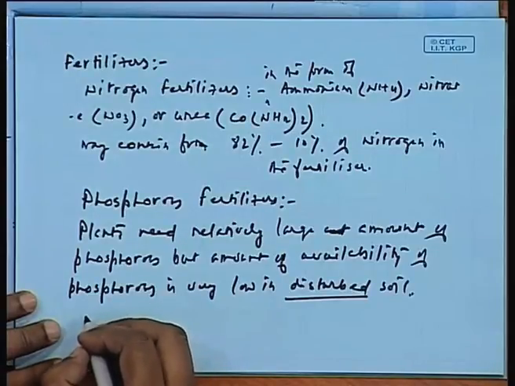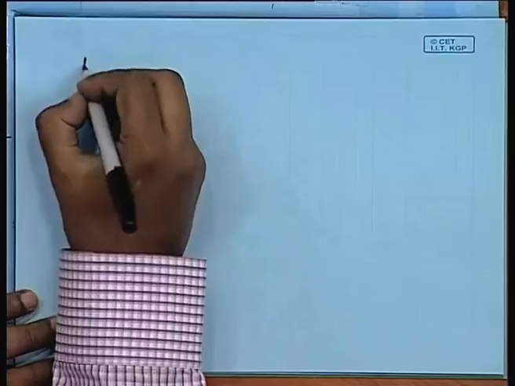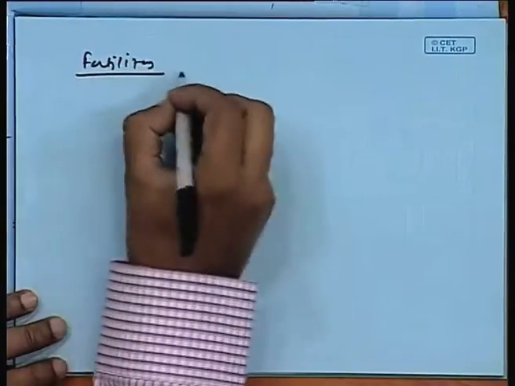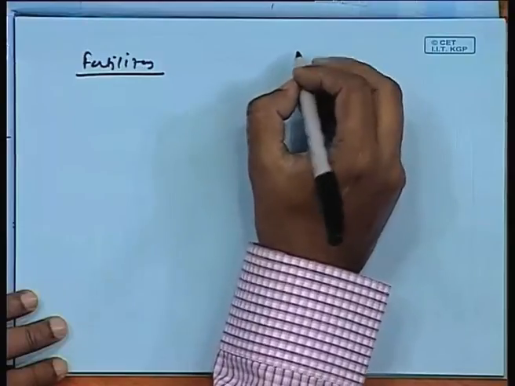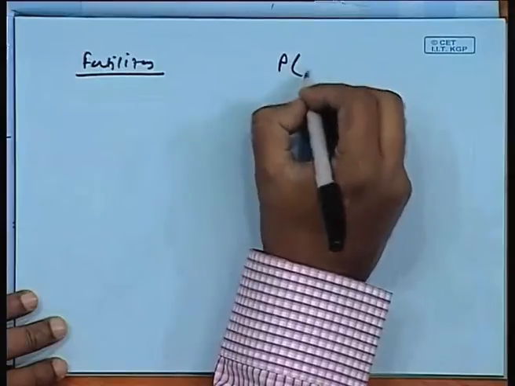So generally the typical type of these phosphates that we use, the fertilizers, they mostly say this is phosphorus percentage.